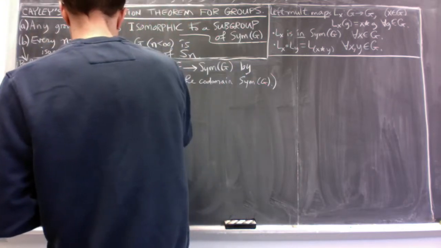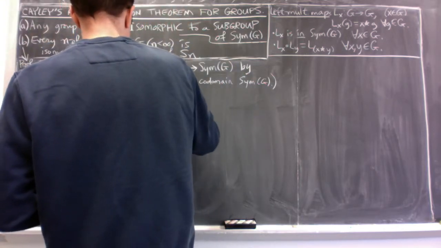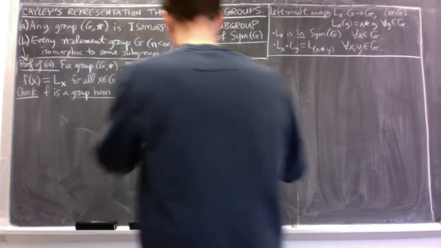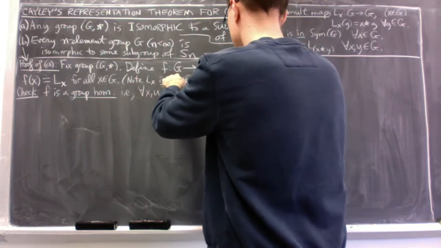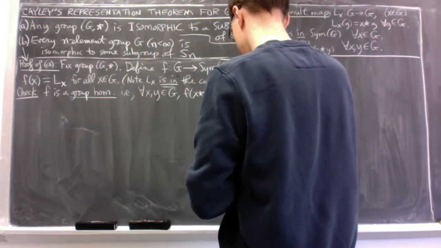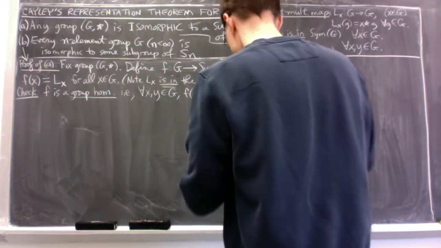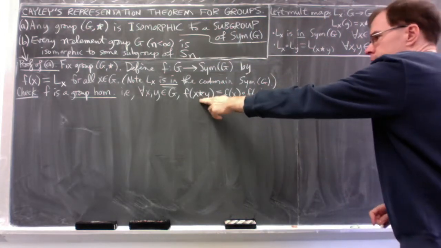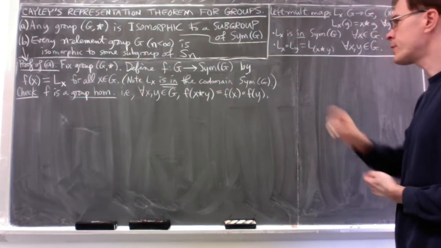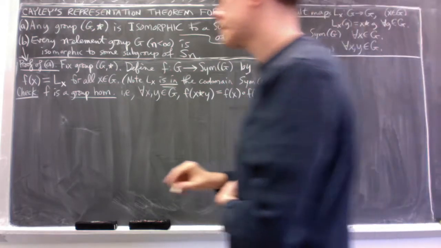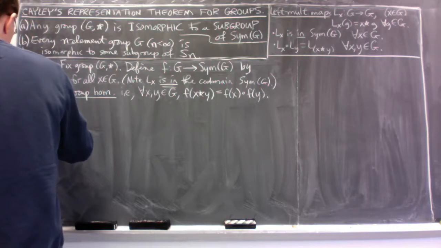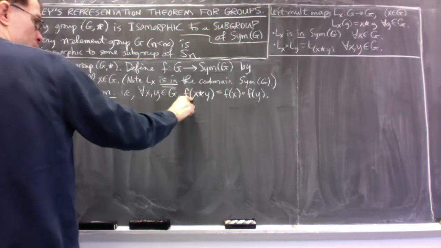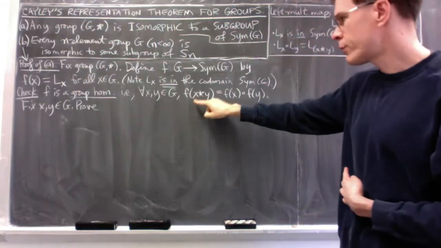In other words, for all x, y, and g, we have to check that f of x star y is f of x, and remember in Sym(G) the operation is function composition. f of x and f of y are functions, and we compose them, and do we get this other guy? That's going to end up basically being this fact. So let's see that. Let's fix the arbitrary x, y, and g. And by using the definition of f to get rid of all the f's, what do we have to prove here?